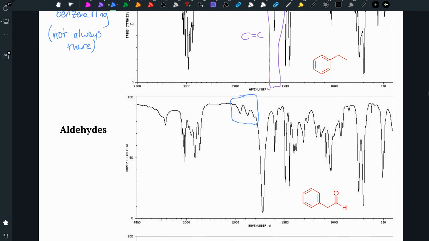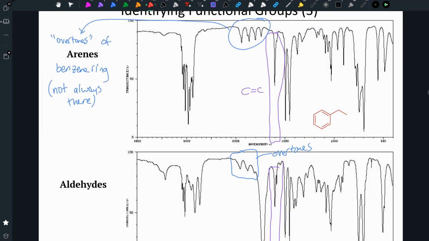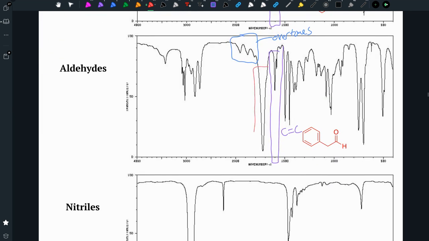You can see the same thing in the next molecule. Here you've got those overtones, but you also have your CC double bond peak at 1600, and at 1700 you've got your CO double bond peak.